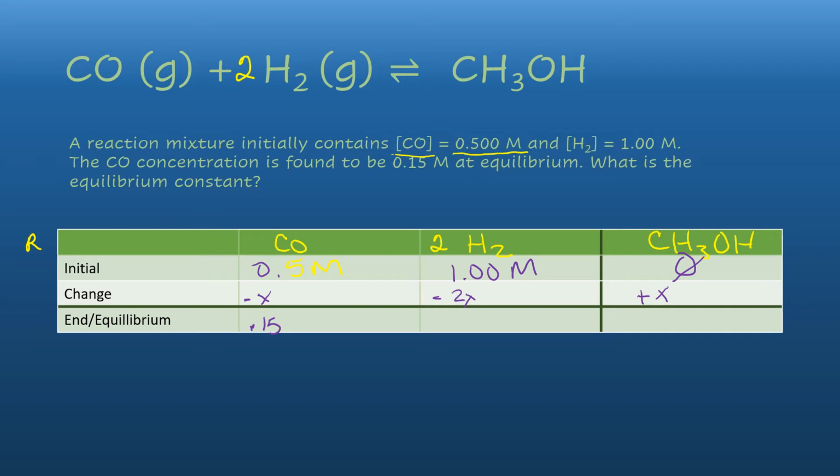So that means x has to equal 0.35, which means that over here 2x will be 0.7. And x again is 0.35.